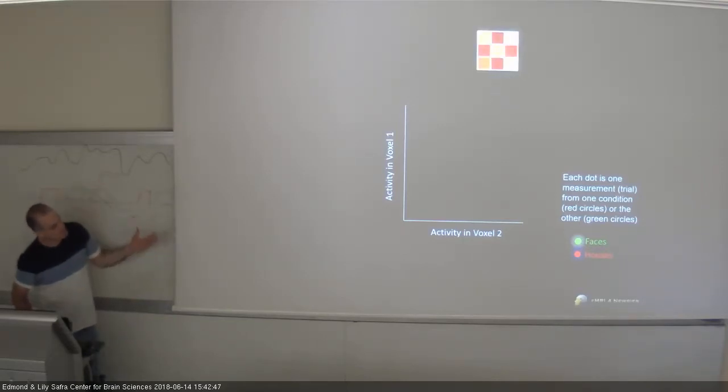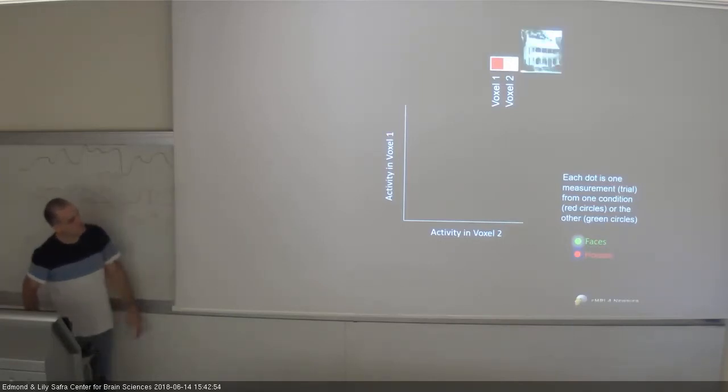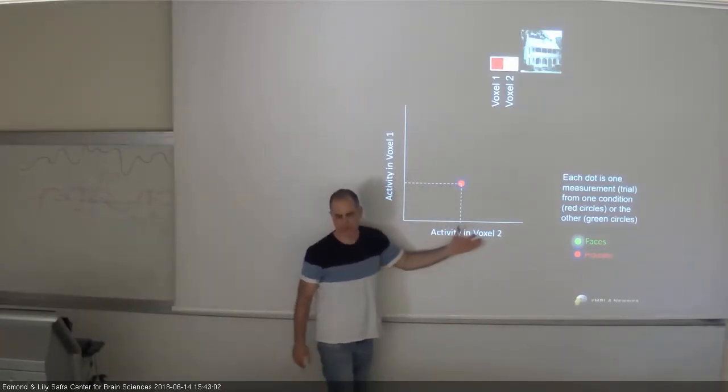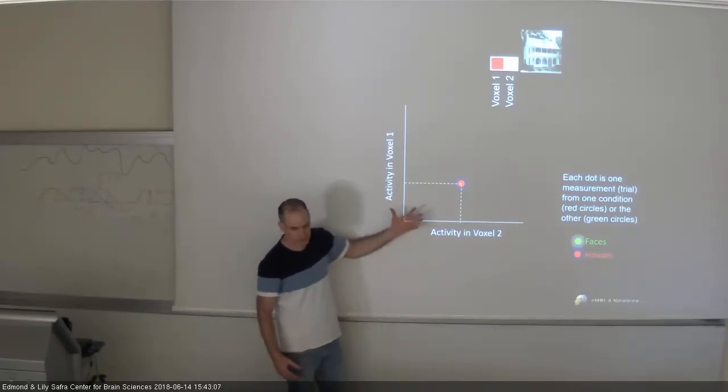Again, if you take just 2 voxels to make it simple, you have here for the house high activation for voxel number 2 and low activation for voxel number 1. You plot this activation in some voxel space, which usually would not be 2 dimensions but 200 dimensions, since you usually have 100 or 200 voxels.